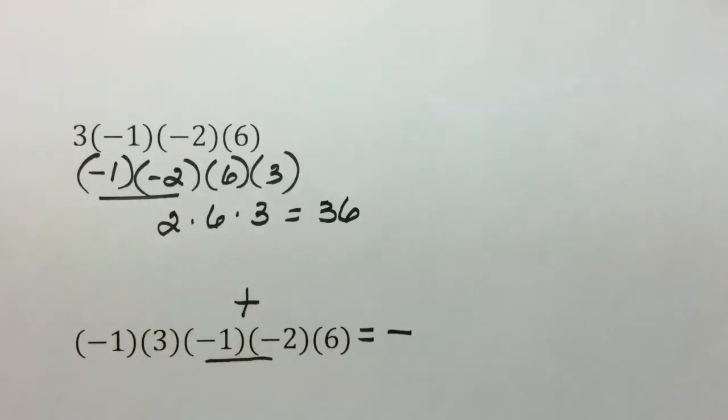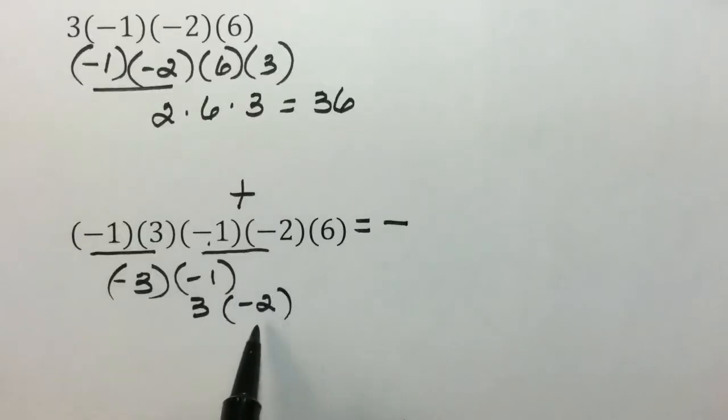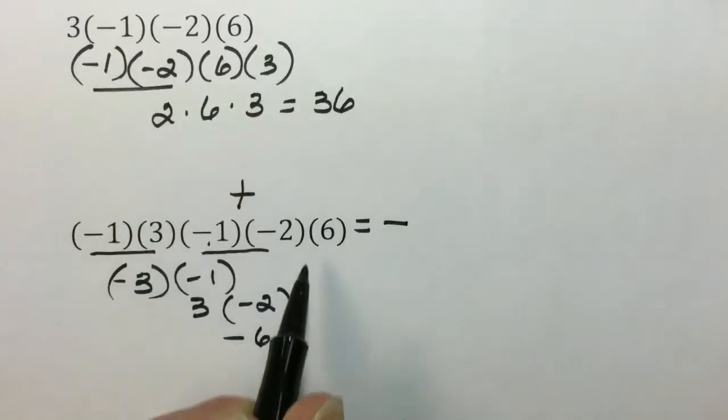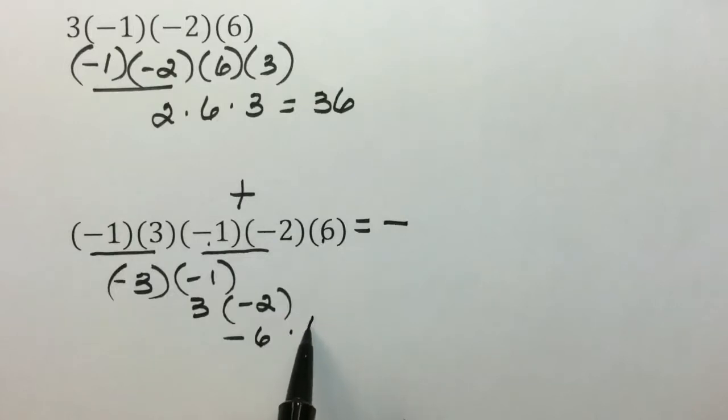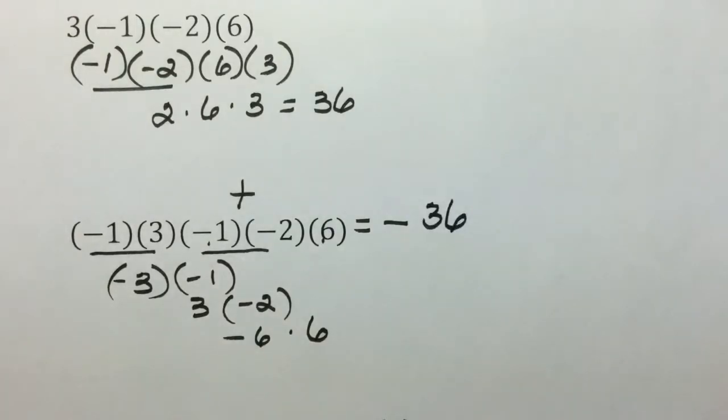And if we do this step by step, multiplying the first 2 together to illustrate this, we get a negative 3, times the negative 1 gives us a positive 3, times the next number, negative 2, is a negative 6, and finally multiplying it by the last 6 ends up with a result of a negative 36.